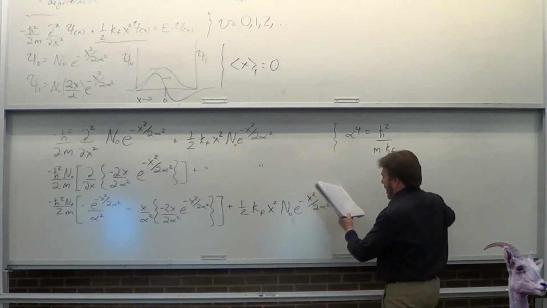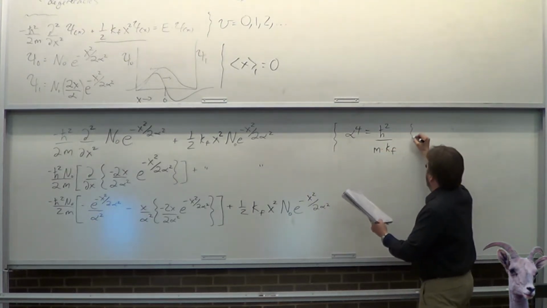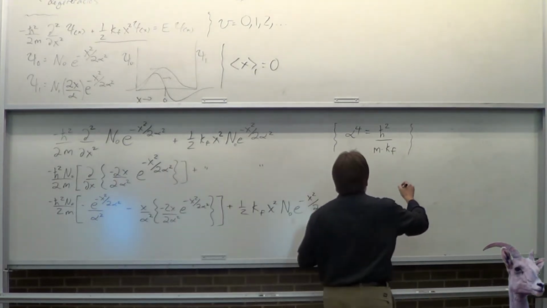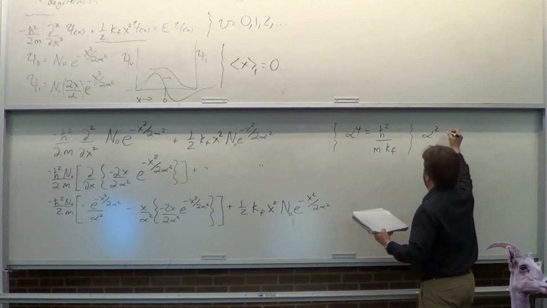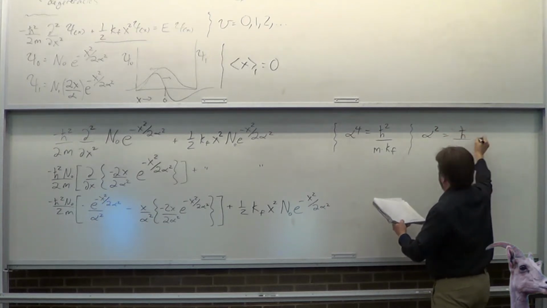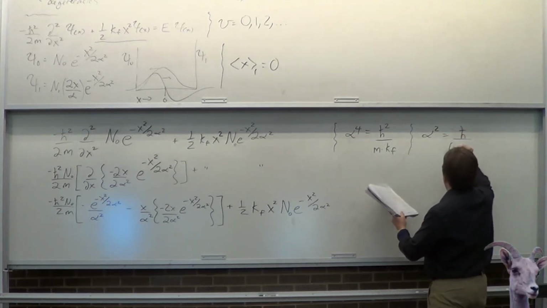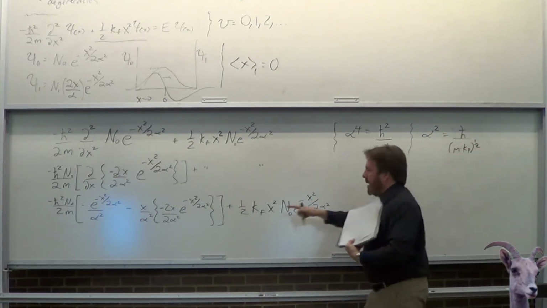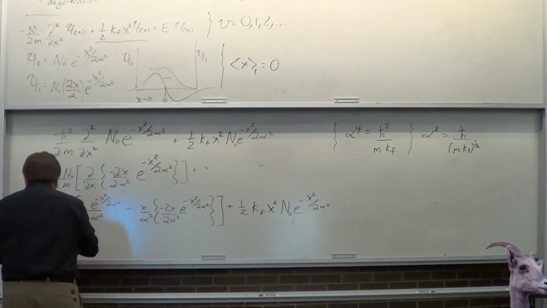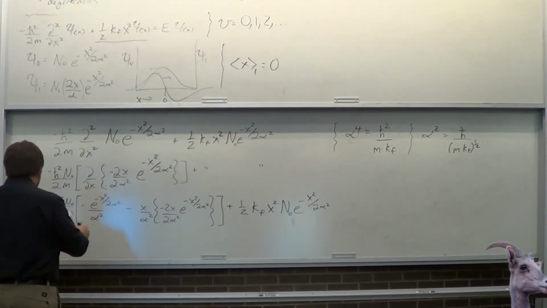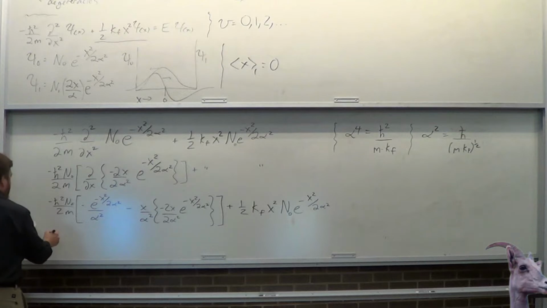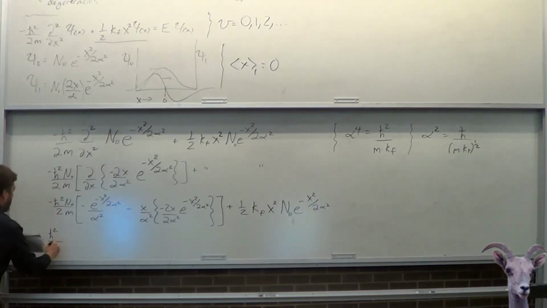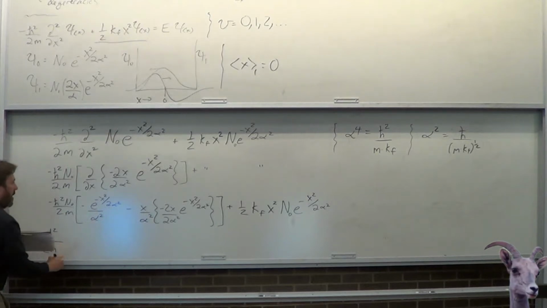So there was this. Now I need an alpha squared here, so let me write this here. Not that that's that hard. m kf to the half. Okay, I need that right here. Okay, so now what? All right, so I've got h bar squared over 2m alpha squared.